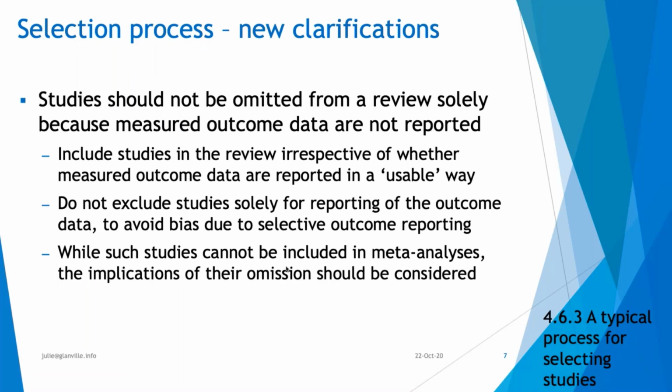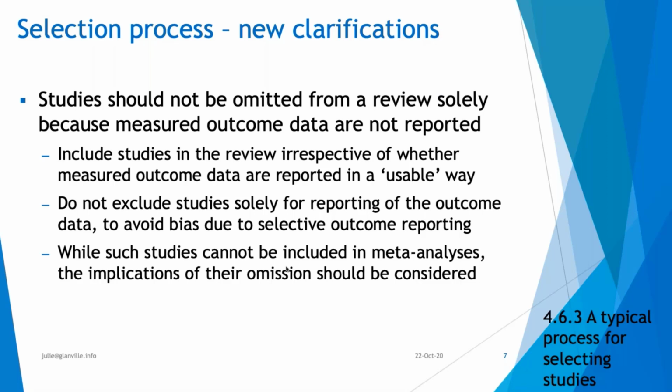There's a new clarification on the selection process, which relates to outcome data. So we are encouraging people to not forget that even though a study may report outcome data in a way that we can't use in the review, perhaps we can't add it to the meta-analysis because it's not reported in the same way as the other studies, we don't just exclude it from the review.